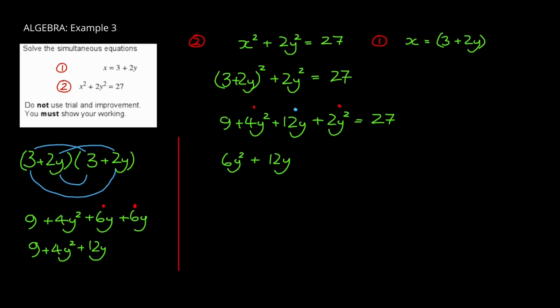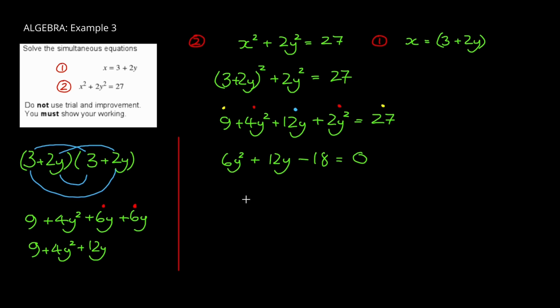Now the numbers. The 27 is going to come over because we're going to subtract 27 from both sides. It will become negative 27 on this side. So effectively on this side, we've got 9 take away 27. This will be negative 18. So we've got nothing left on the right-hand side.